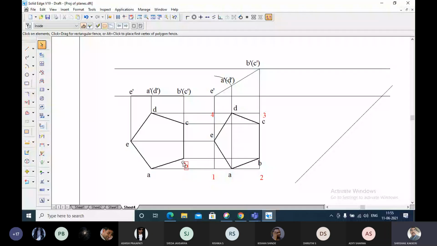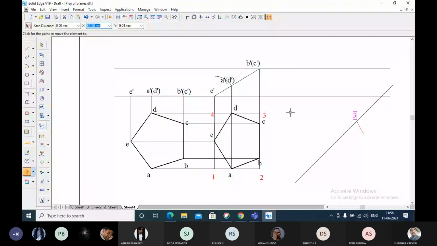I have marked point 3. It is not the computer method. It is your manual method, I'm telling. Point 3 I have marked.